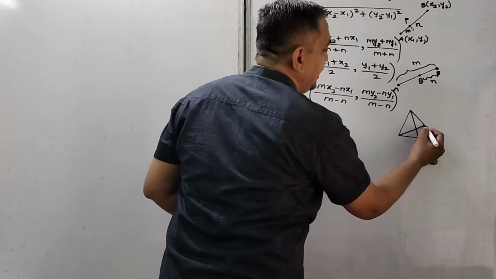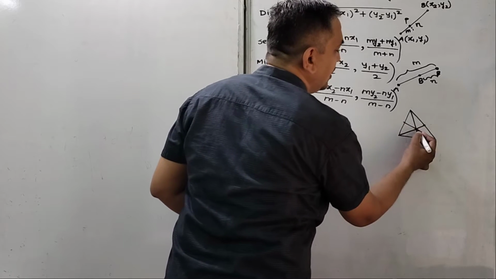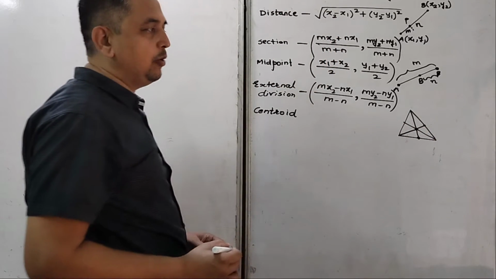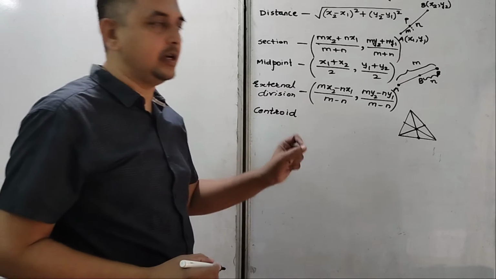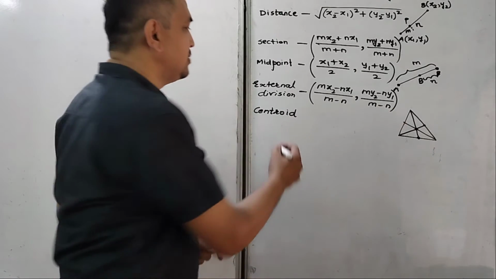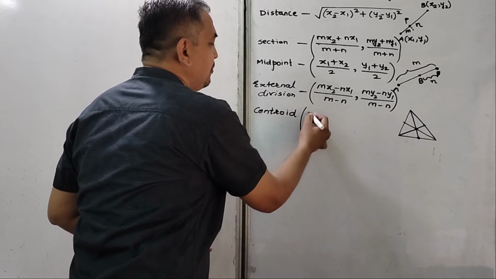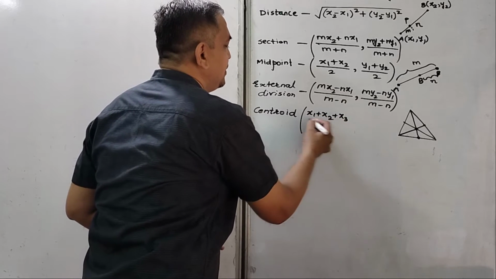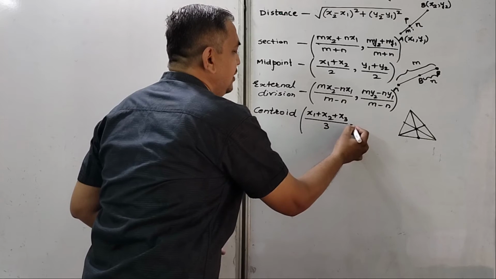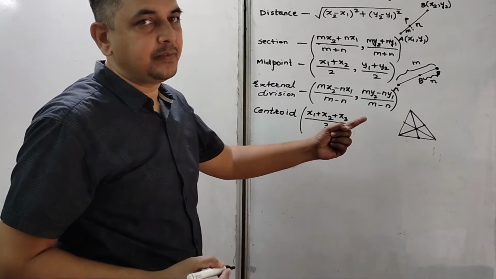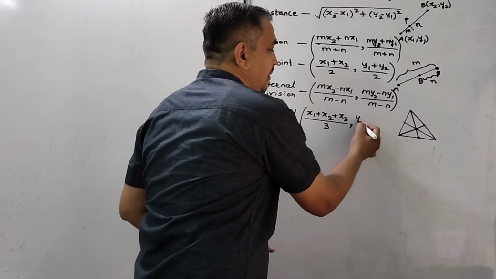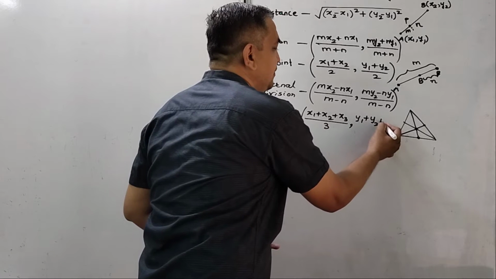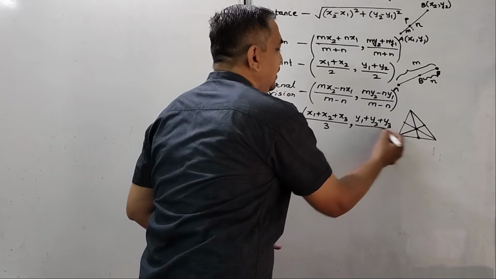The other median and the third median, all the medians pass through one point, and this point, point of concurrence of medians, is called centroid, and the formula is (x1 plus x2 plus x3) upon 3, and you can guess y coordinate, (y1 plus y2 plus y3) upon 3.